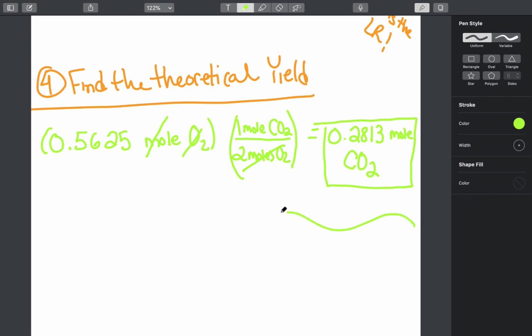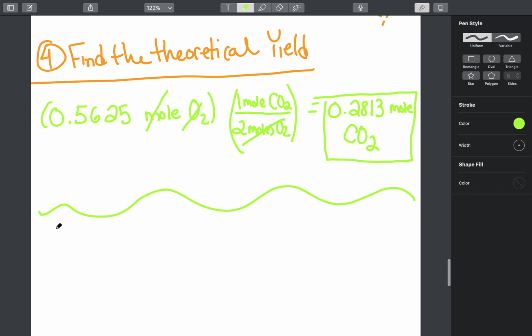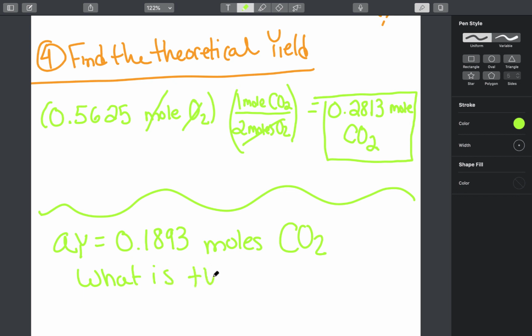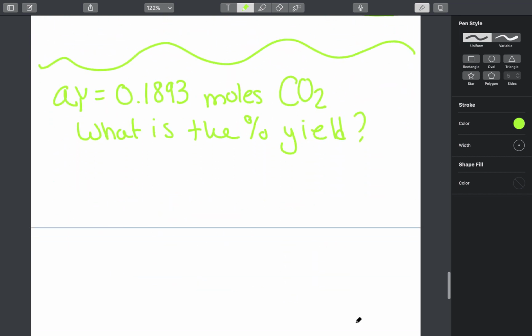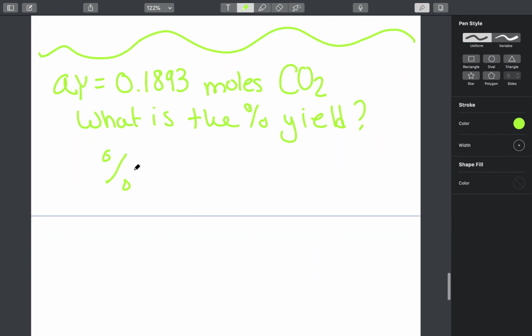Now this is just a little bit of an add-on. Let's say that our actual yield was 0.1893 moles of CO2. What is the percent yield? This is very easy. Remember that percent yield is equal to actual yield over theoretical yield, times 100%.